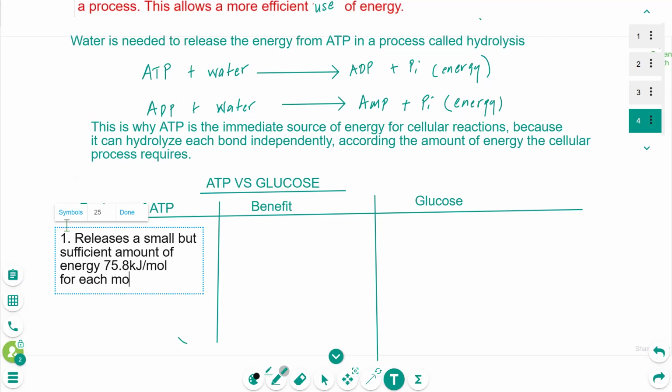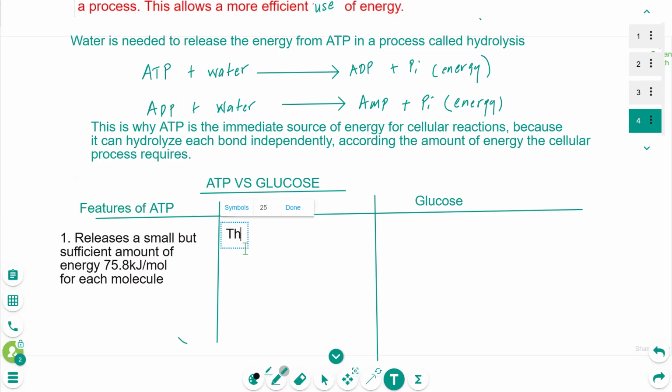If we were to break all three bonds, we get about 78.5. This is a good feature because it is enough to drive most metabolic reactions, and it keeps the energy wastage low.